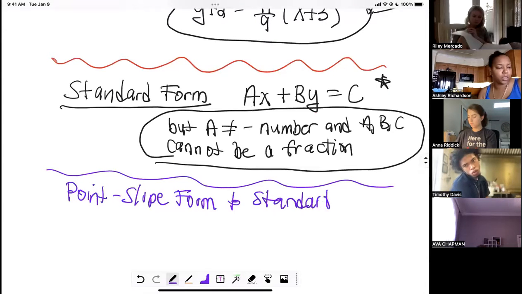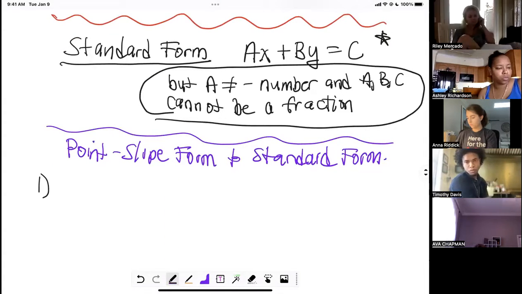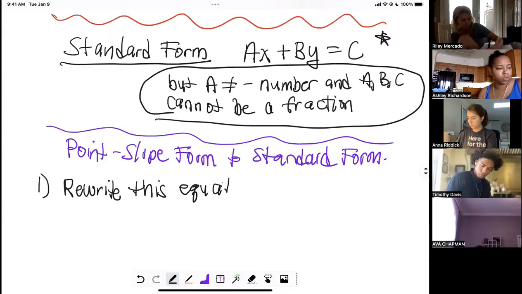And then we're going to do slope intercept form to standard form. So what I mean by that is this. Number 1. Rewrite this equation in standard form.